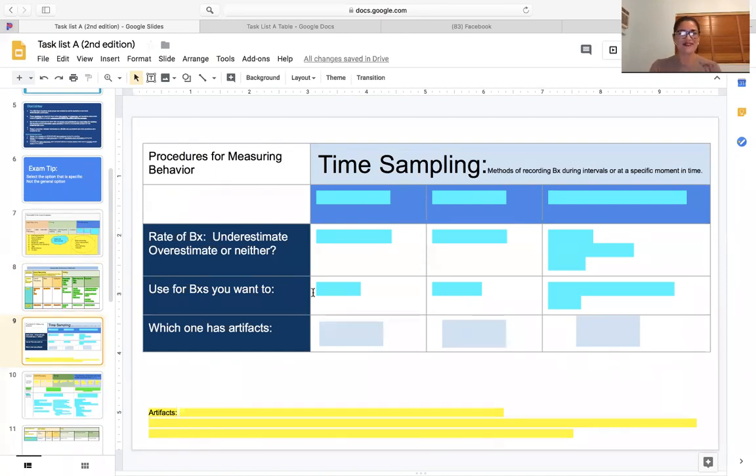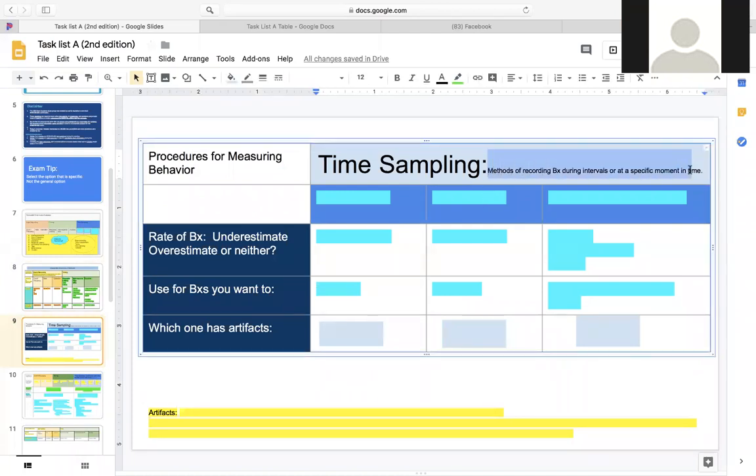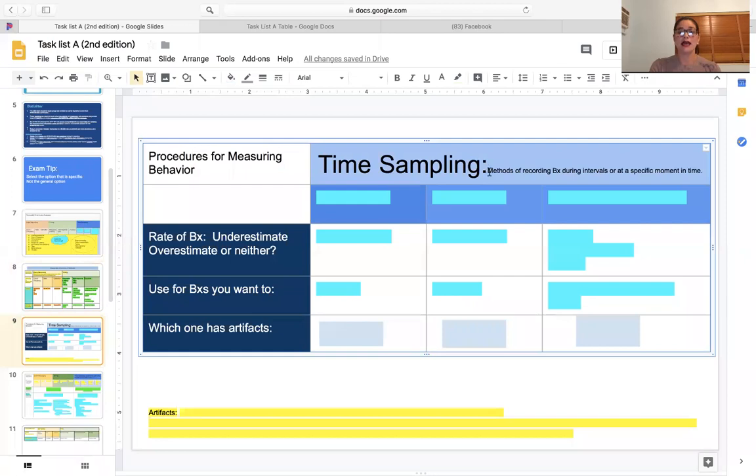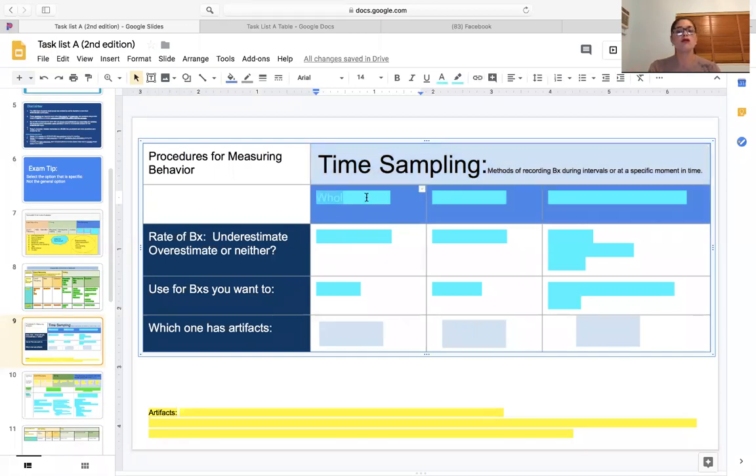We're gonna go over it. Whole interval, partial interval, and momentary time sampling. Okay, I was going more specific at the actual definition for time sampling, which is a method of recording behavior during intervals or at specific moments in time. But everything that you said was right. Thank you, guys.